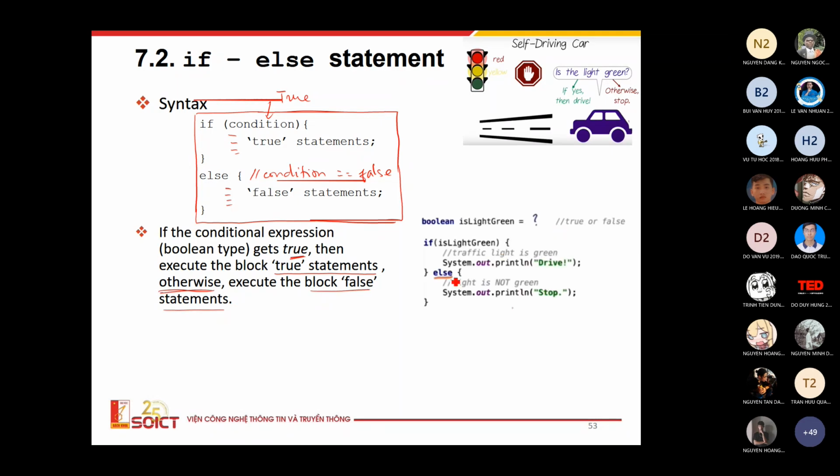And you will write here, if light green, when you write like this, that means you have to check if light green equal to true. The double equal operator here means you check the equality.